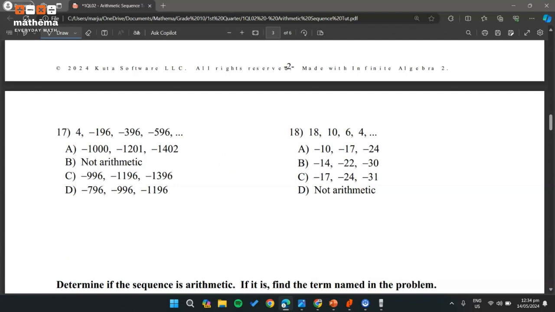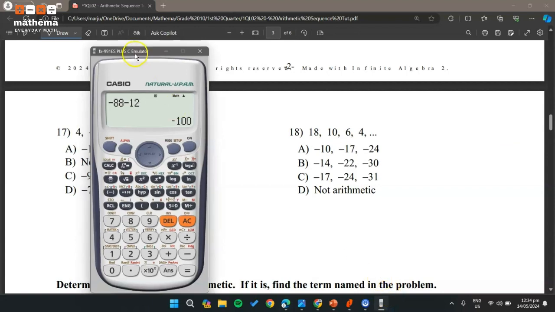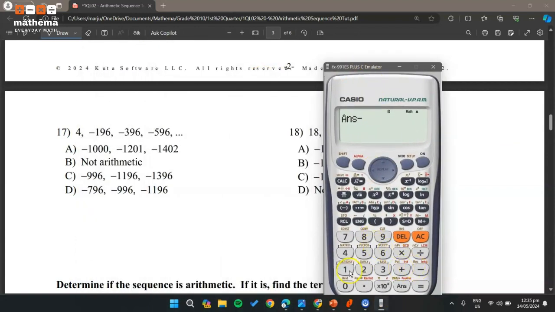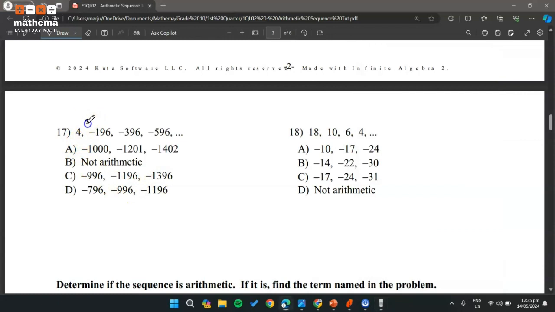Let's have number 17 and 18. So we have here negative 196 minus 4, that gives you negative 200. So this is negative 196 plus negative 200, this is negative 396, and this is also negative 200.